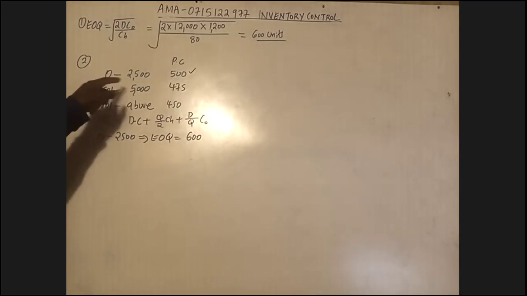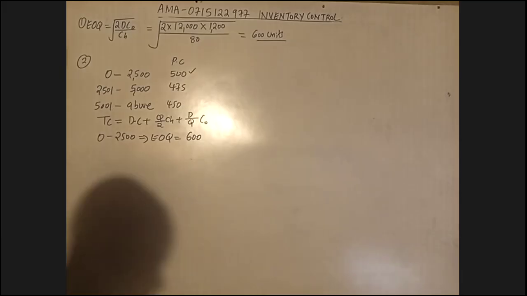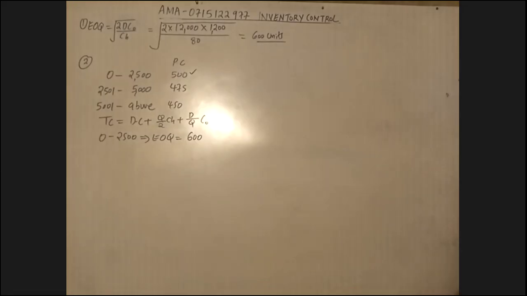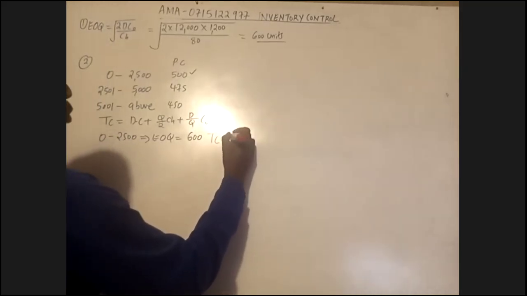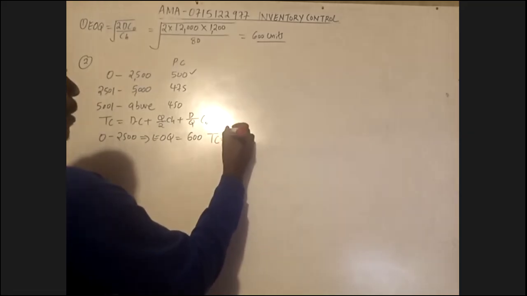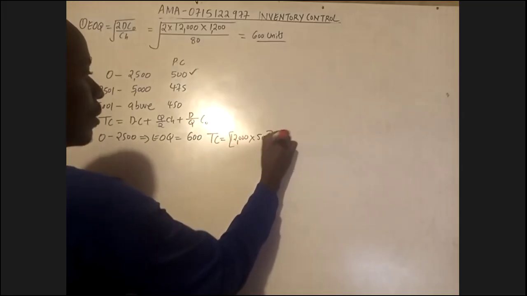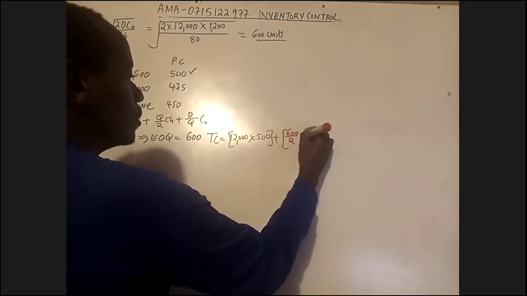600. Now, is it within the range? Yes. So we use it to calculate the total cost. Is that correct? Yeah. So tuseme our total cost itakuwa ni our D, which is 12,000 times our purchases in the 500 plus 600 over 2 CH.